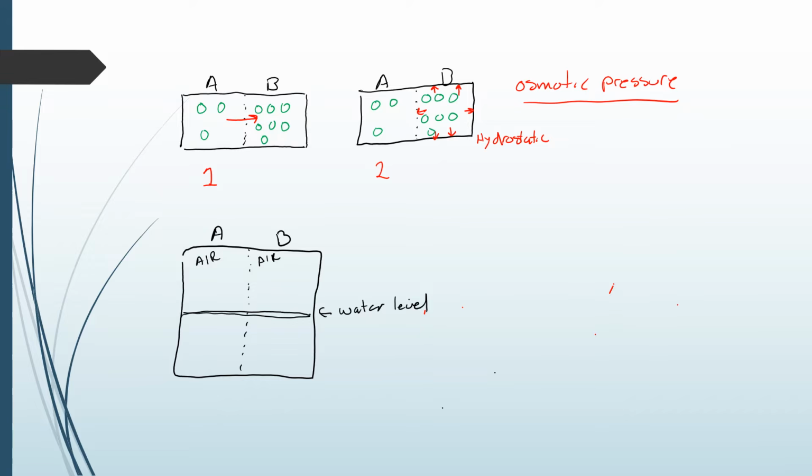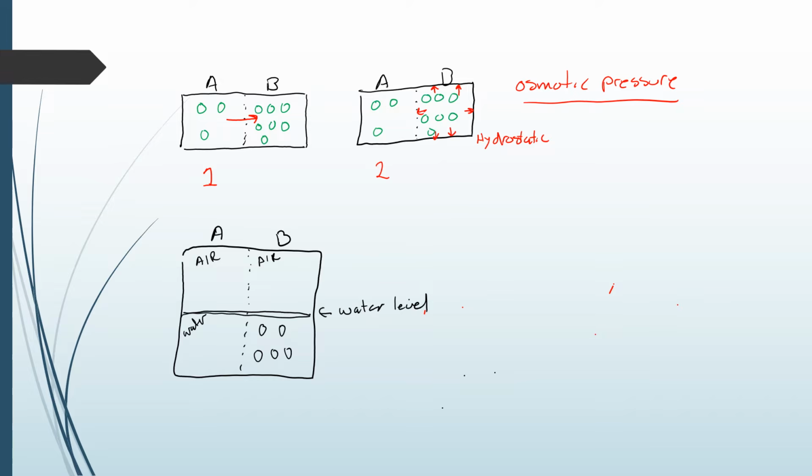So I have just water on side A, and then I have some molecules dissolved in the water on side B. I'm going to draw a few in here. Now again, these molecules are not permeable, meaning they cannot cross over into side A. I have nothing dissolved in the side A compartment right now.